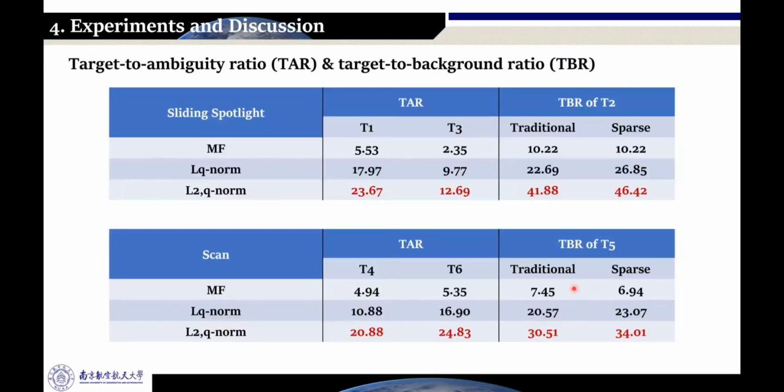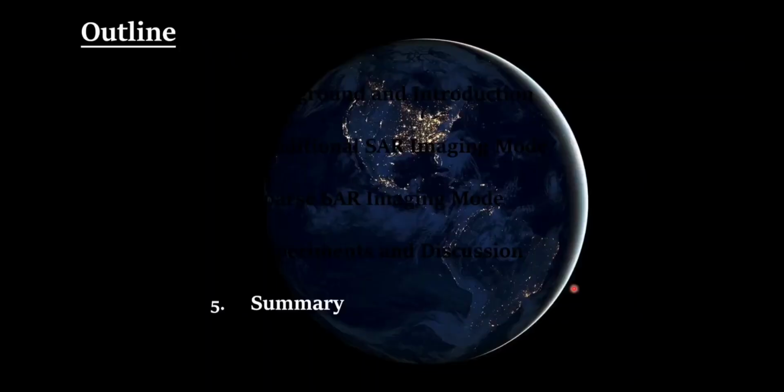To further verify the proposed method, the target to ambiguity ratio (TAR) and target to background ratio (TBR) are introduced to evaluate the ambiguity and noise suppression ability of different methods.